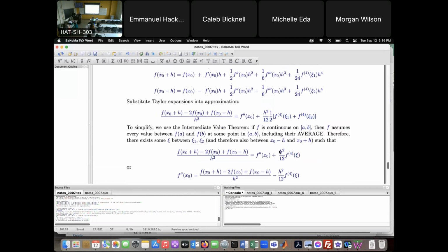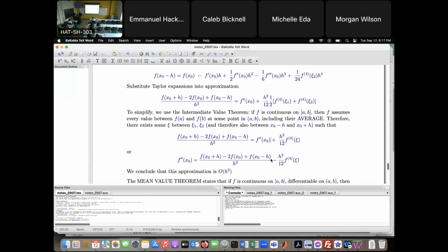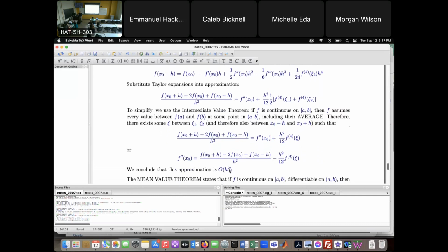So now my error term has simplified to this. That's why I went through this whole intermediate value theorem rigmarole, to get the simplest expression possible for the difference between this function of h and what it's converging to, f double prime of x0. So I can conclude that this formula for approximating f double prime of x0 is big O of h squared.